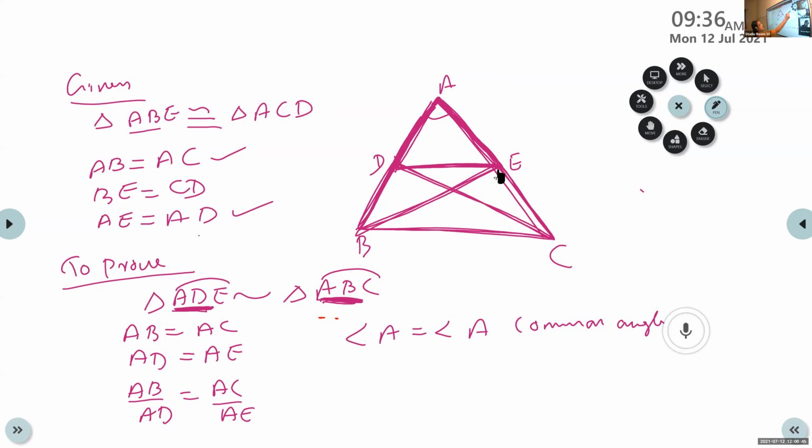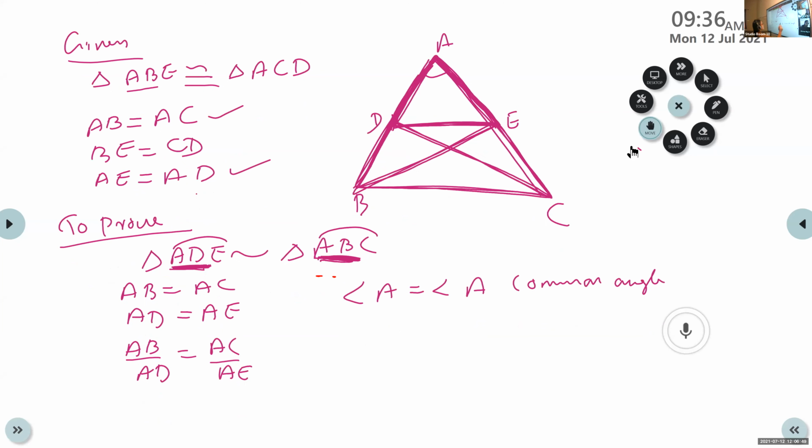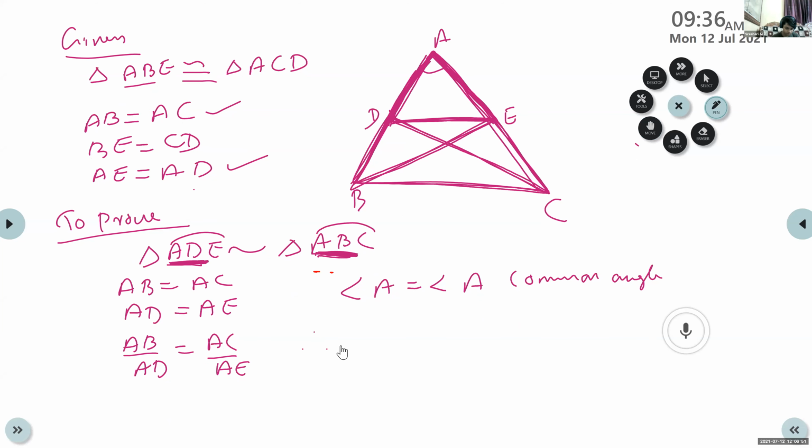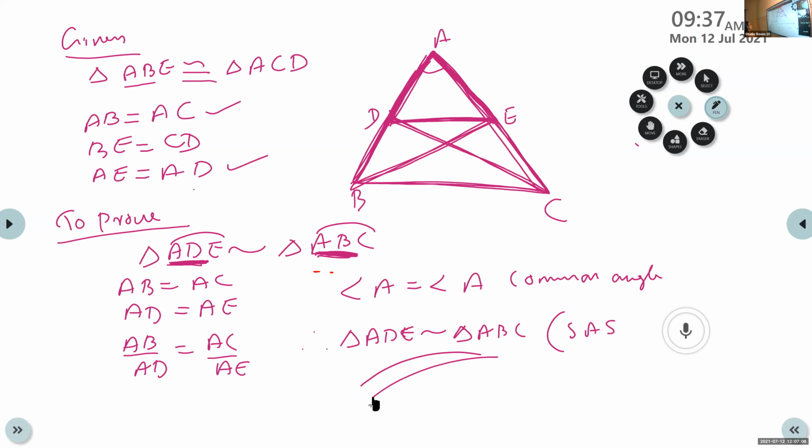So you can say by which rule? SAS. Therefore, triangle ADE is similar to triangle ABC by SAS, not congruence, similarity criteria. SAS similarity criteria.